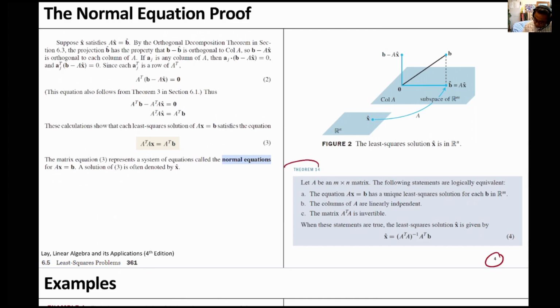This is page number 4, theorem number 14, which states that if the columns of A are linearly independent, then we can find x hat through this equation. Else we are unable to find x hat through this equation simply because ATA inverse does not exist. And we have to use other methods to find x hat.